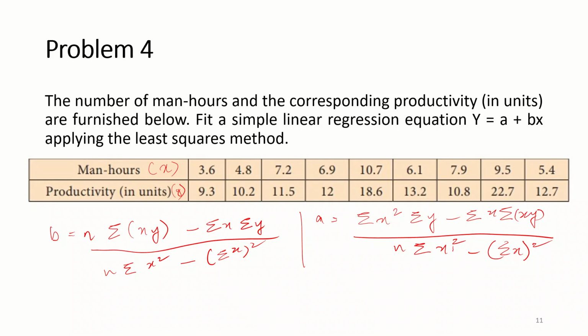So the first formula which you have written is for m, the slope, and the second one is the intercept.